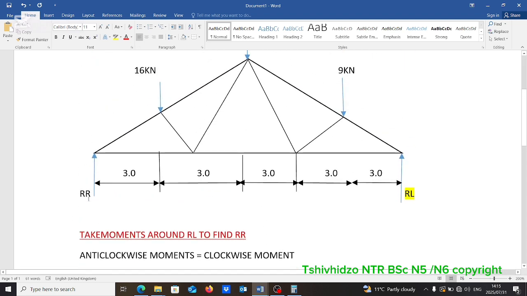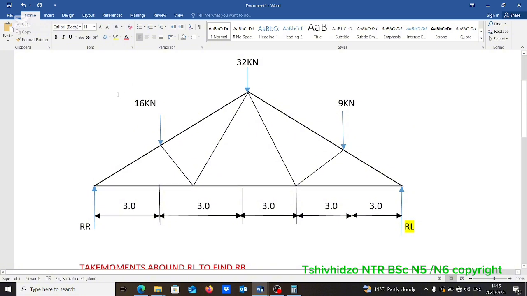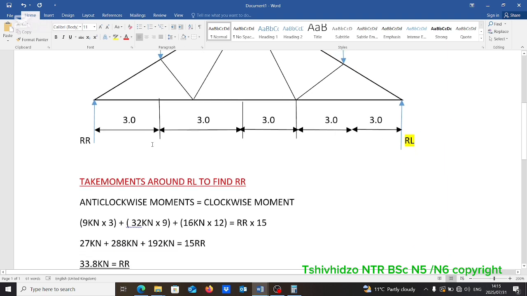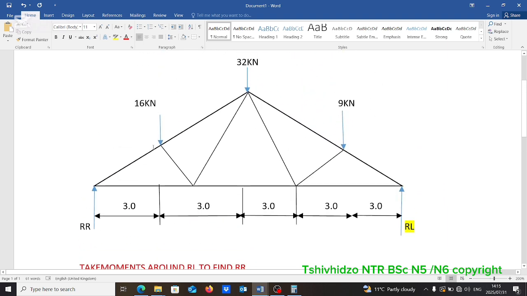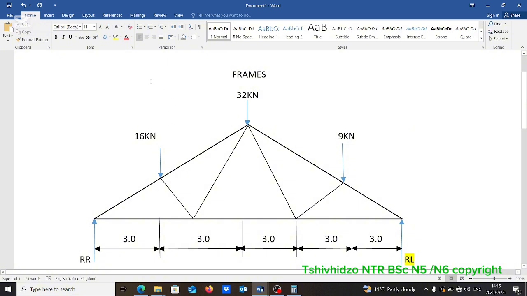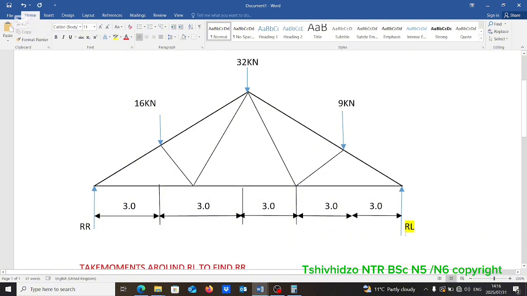On RR, we'll say all forces which are on the right of RR will be clockwise, and all forces which are on the left of RR will be anti-clockwise. But here we have to be clear. When I say all forces which are on the right are clockwise, not all of them, but the one which is pointing upwards is going to be anti-clockwise, just because it will be opposing these ones.